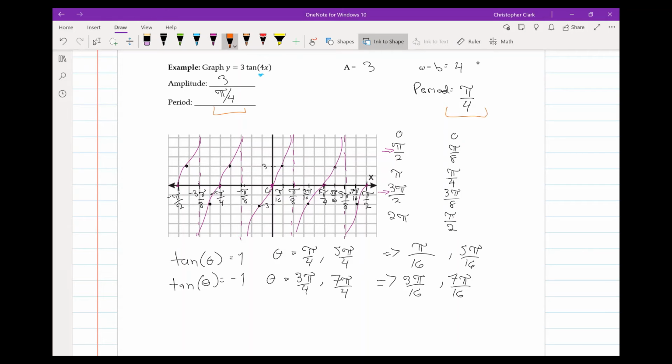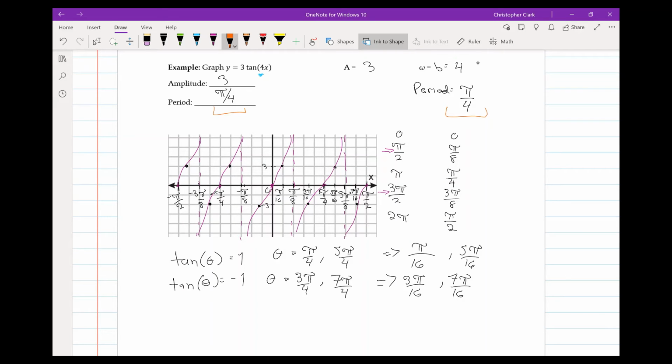Okay. So we'll go ahead and draw these extra points to really show what the amplitude looks like with tangent. Tangent is normally 1 at pi over 4 and 5 pi over 4. So we're going to divide that by 4, and we get pi over 16 and 5 pi over 16. Tangent is normally negative 1 at 3 pi over 4 and 7 pi over 4, so that becomes 3 pi over 16 and 7 pi over 16.